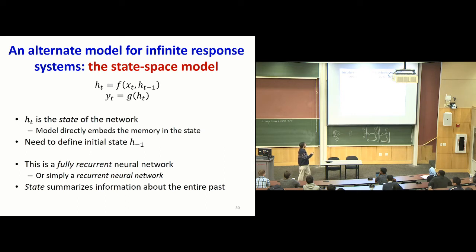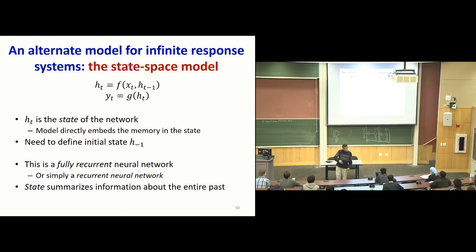So the state of the system is some function of the current input and the past state, and the output is a function of the current state, right? Now you can see how recurrence happens over here, because the state at any time is a function of the state at the previous time.